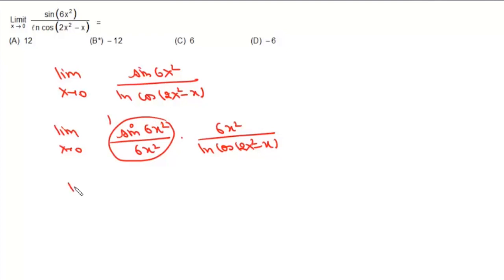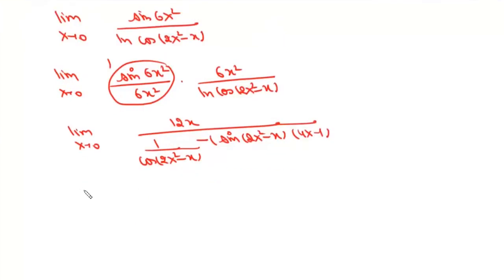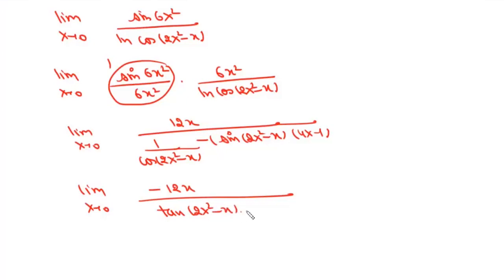we'll use L'Hopital's rule. So we can write this as limit x tends to 0, and there will be 12x, and here it is 1 upon cos 2x square minus x, and this is minus sin 2x square minus x into 4x minus 1, which we can write as limit x tends to 0 minus 12x upon tan 2x square minus x into 4x minus 1, which is still 0 upon 0 form.